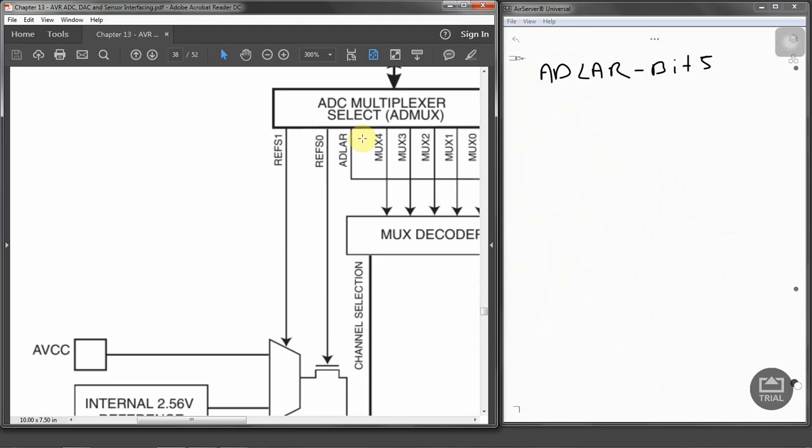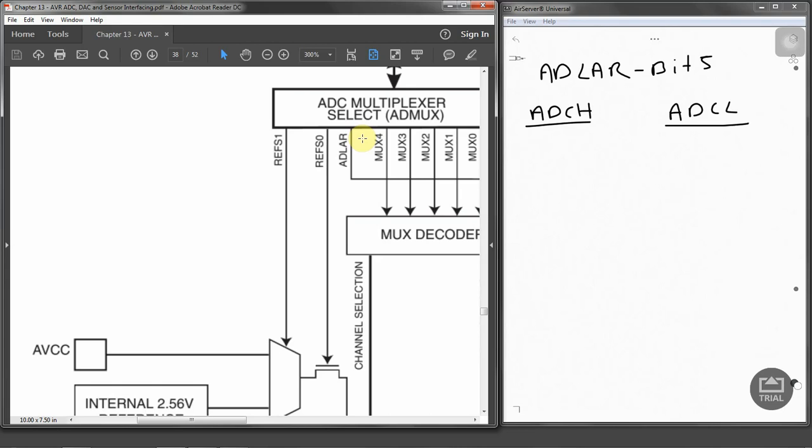As we have got two registers to store analog to digital converted data, we have got ADCH and ADCL, and one represents the high byte and the other one represents the low byte.